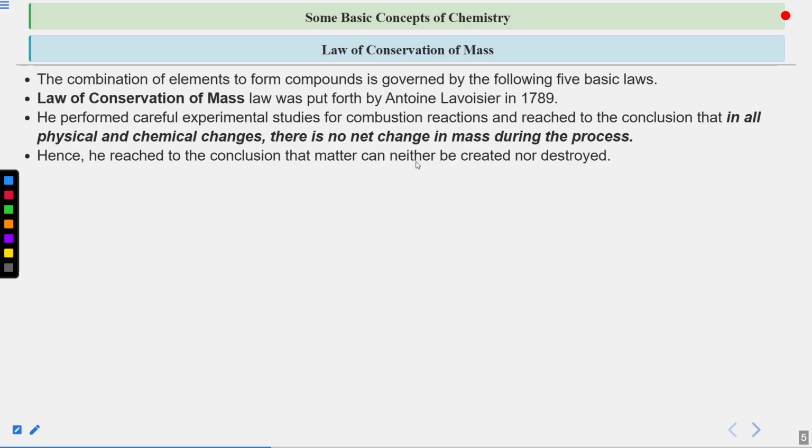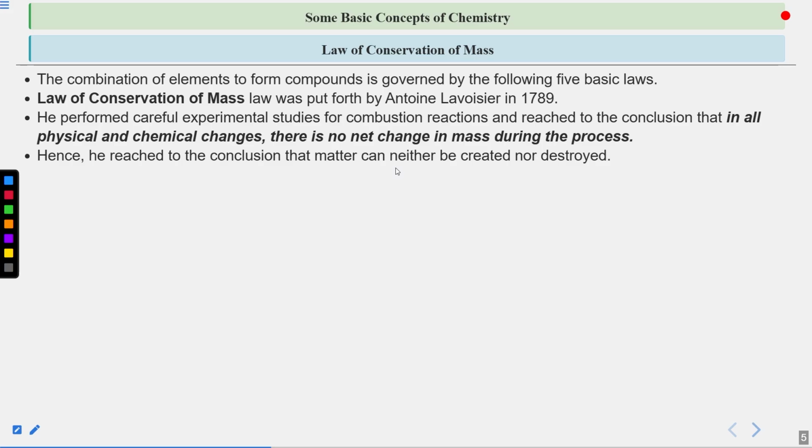Now a shorter way to say this whole sentence would be that matter can neither be created nor be destroyed. So this is the famous statement of the law of conservation of mass, and this law will be used in later chapters also.